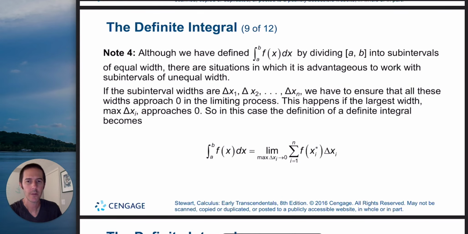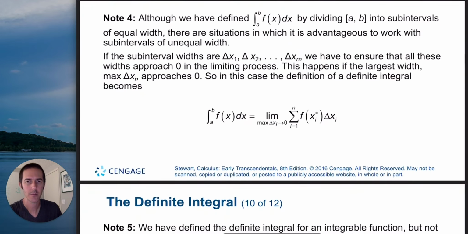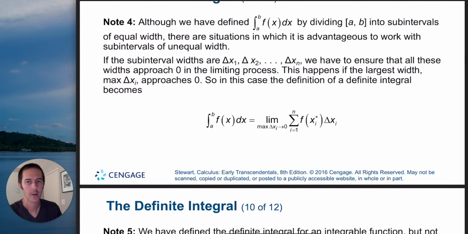You're welcome to read this. I don't think it's going to be very beneficial to you right now. All it's saying is that it almost doesn't matter the width of the rectangles. If we don't chop up the rectangles into regions that have equal widths, it's going to be okay as long as the largest width, the maximum value of delta x sub i, approaches 0.